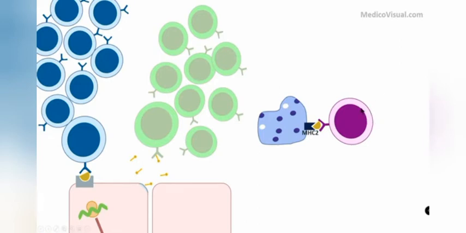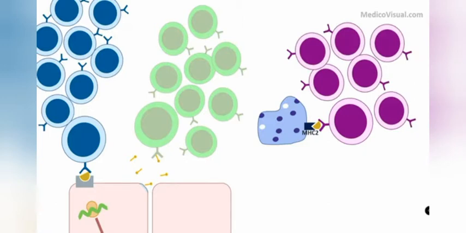And it will also release cytokines which act on itself, and it will make copy of itself as well. So when it makes copy of itself, it will lead to massive immune response, and it will lead to amplification of this whole immune process.